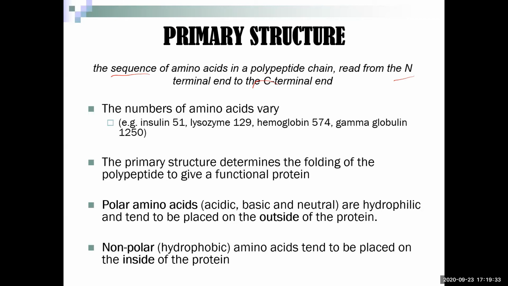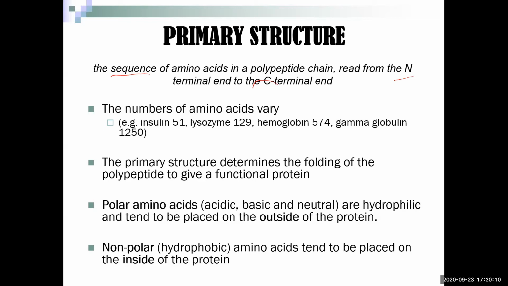So the primary structure is also dependent on the type of amino acid present in the chain, like polar amino acids and non-polar amino acids. So we have polar amino acids. We have three types: acidic, basic, and neutral. So polar lang to siya.